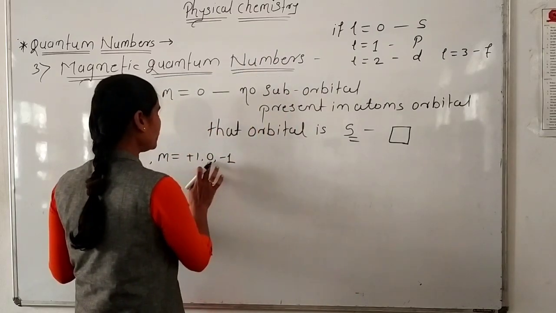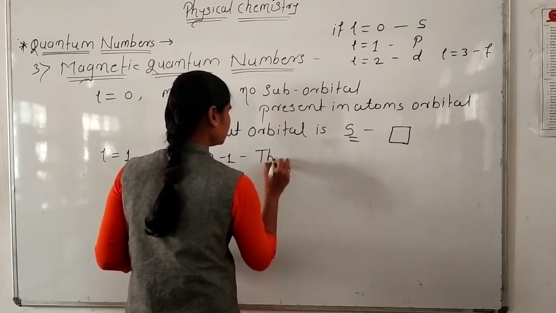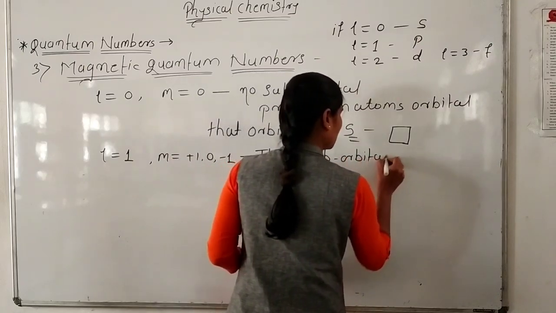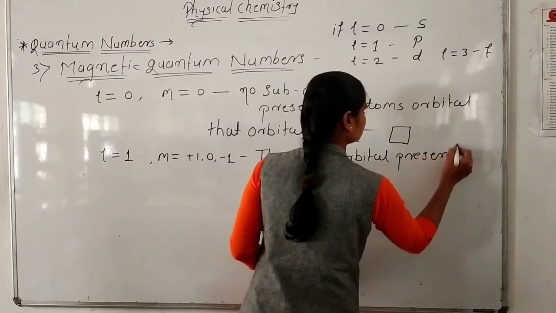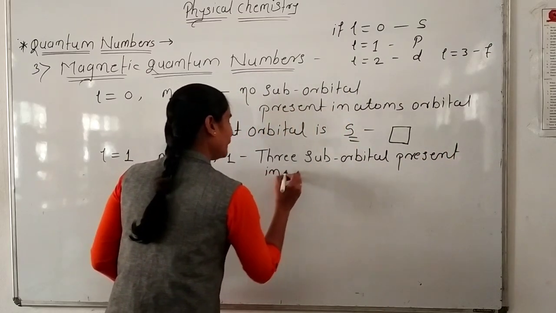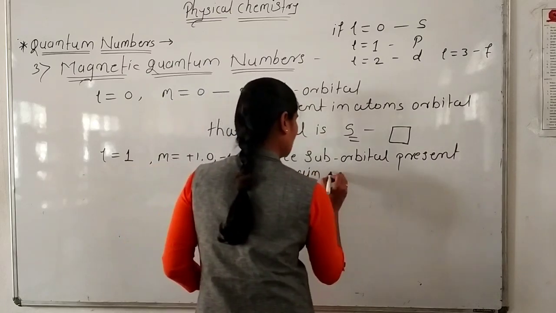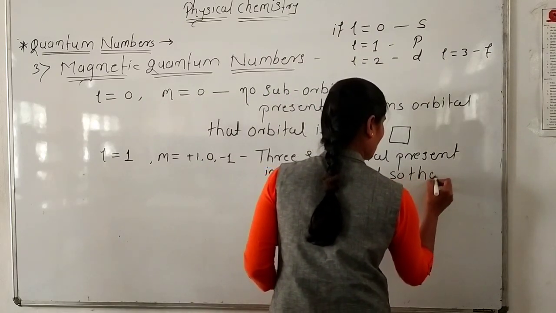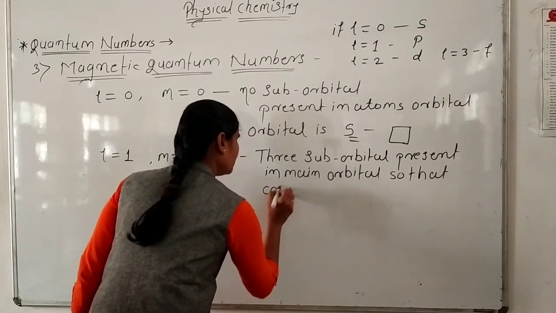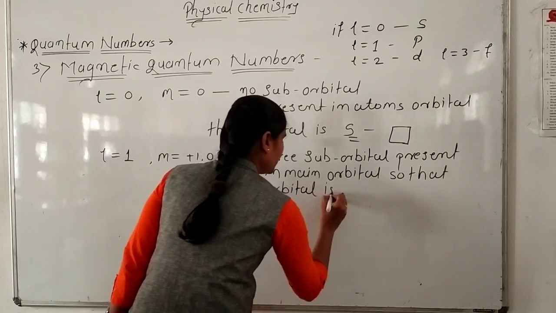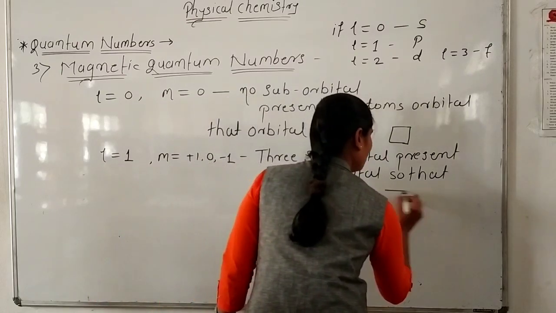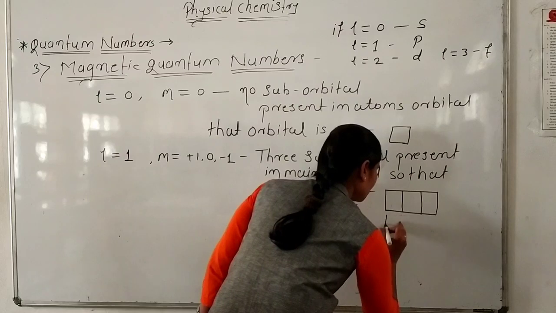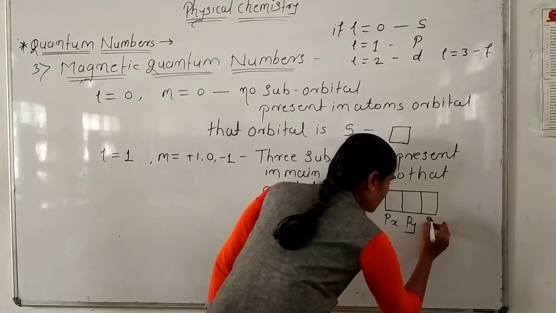These are the 3 numbers, 1, 2, 3. So 3 suborbitals present in the main orbital, so that orbital is the p orbital, and the p orbital has 3 suborbitals or 3 subshells, that is px, py, pz.